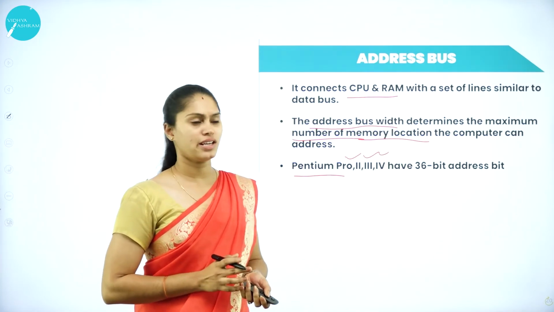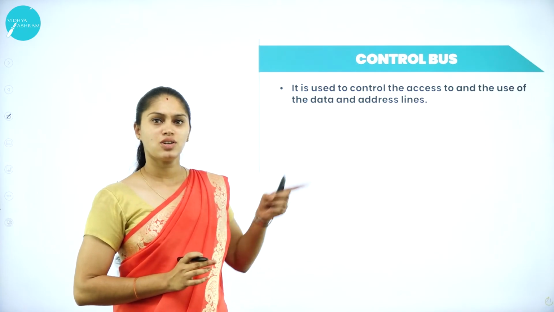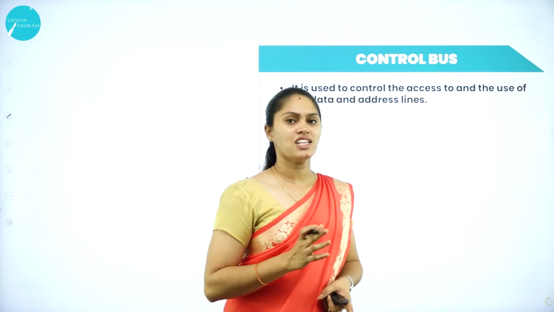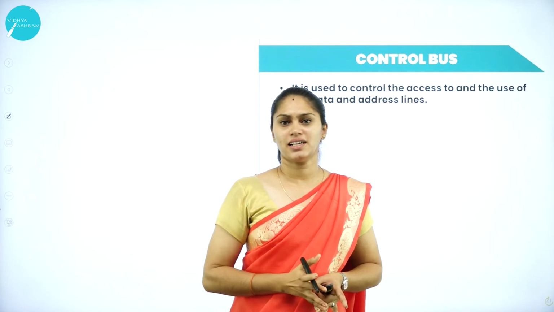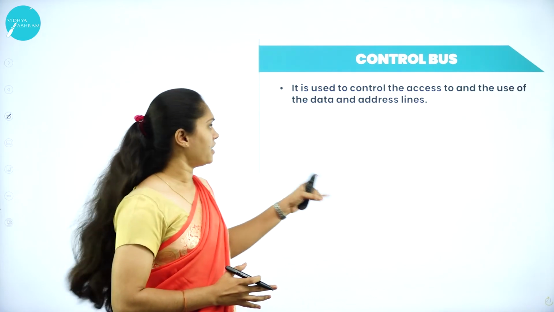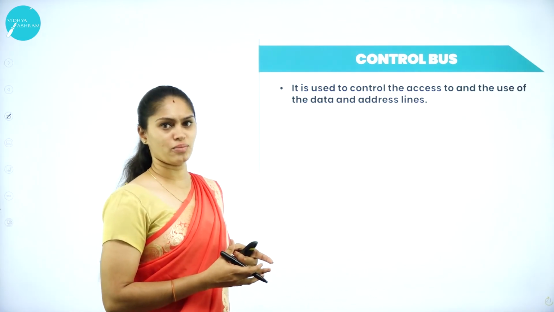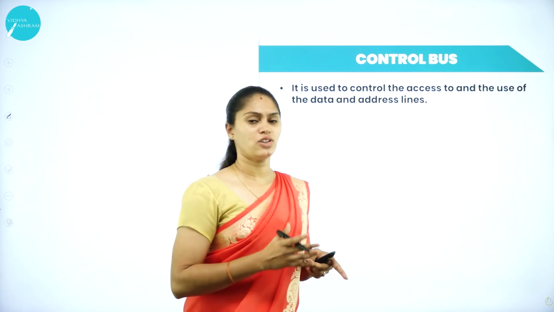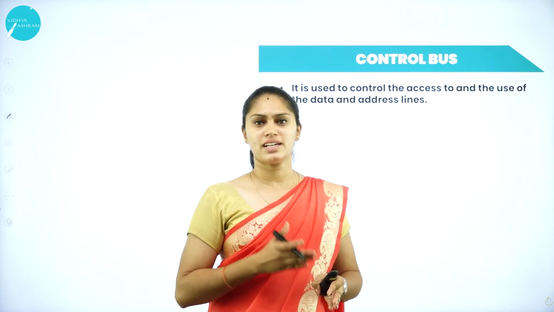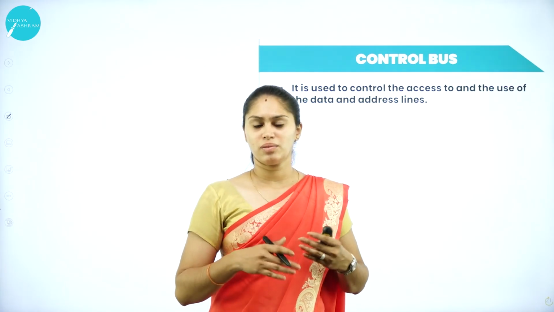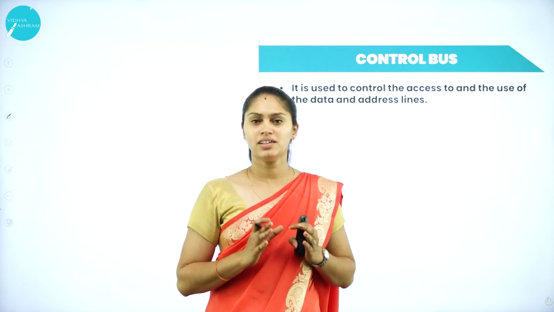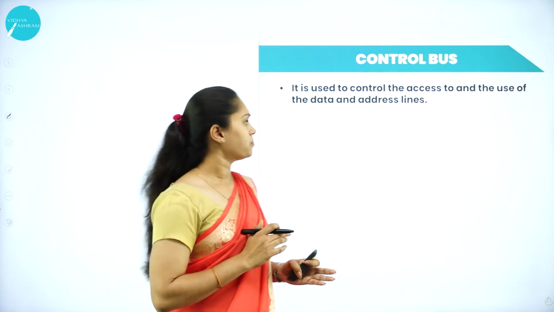Then what is the usage of this control bus? This control bus is the last type of internal and external bus, right? Why do we require this control bus? Already we know that control, in the sense, controls and coordinates data transfer between the various components of a computer system, right?